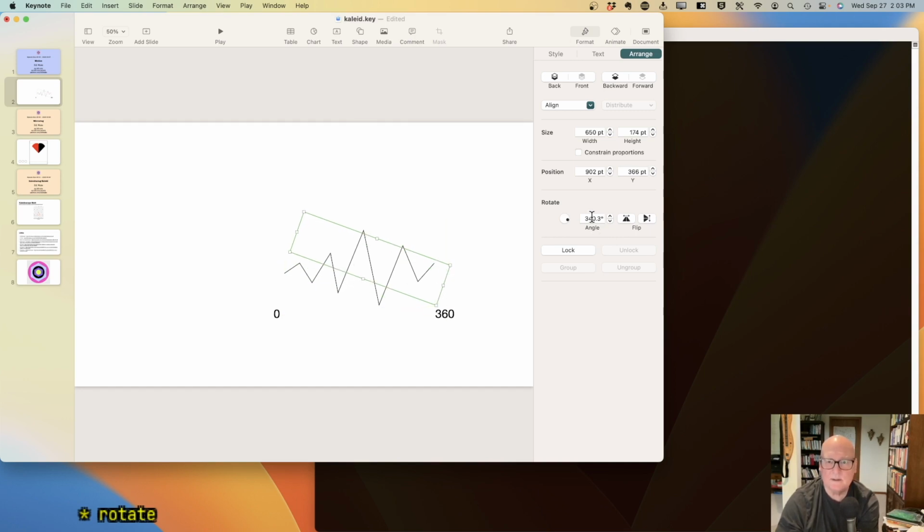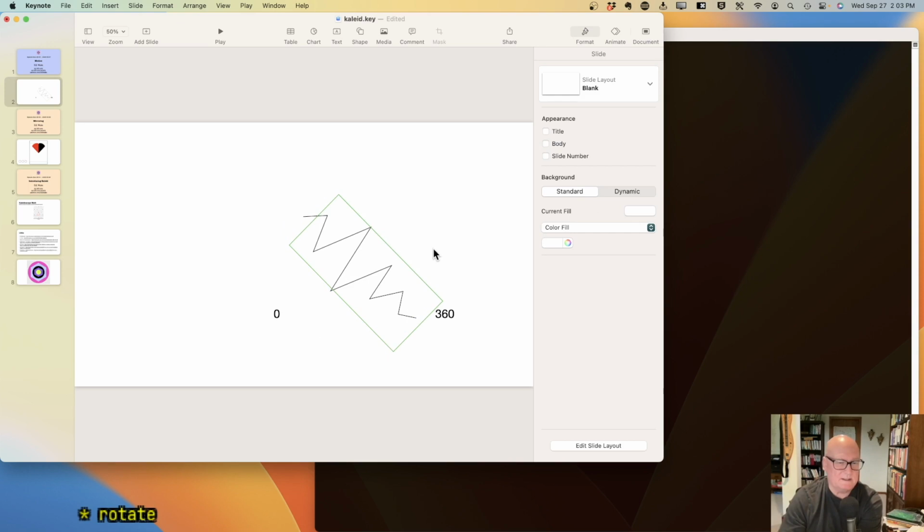Oops. Maybe not. Maybe this is. No, it's something more like this. And maybe I gotta rotate this too. I don't know, that doesn't really add anything, does it?